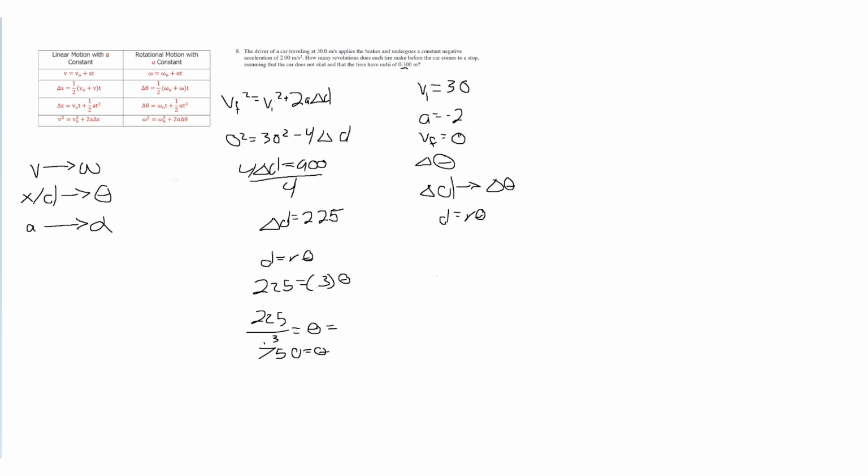We're asked, what is the amount of revolutions? We know that one full revolution is 2 pi. So if we go 750 radians, then the number of revolutions is 750 divided by 2 pi, because that'll tell us how many times we fully completed a 2 pi revolution. So 750 divided by 2 pi is going to be 119.3. So we made 119.3 revolutions.